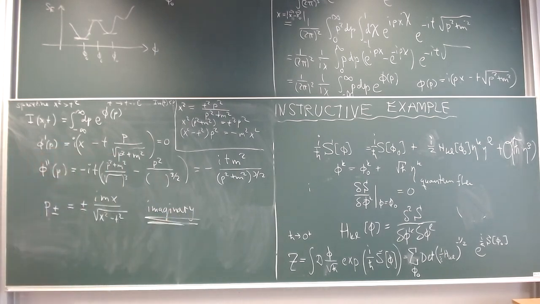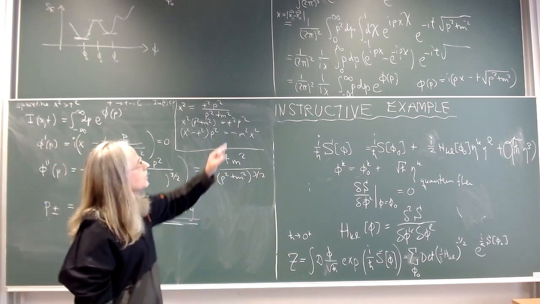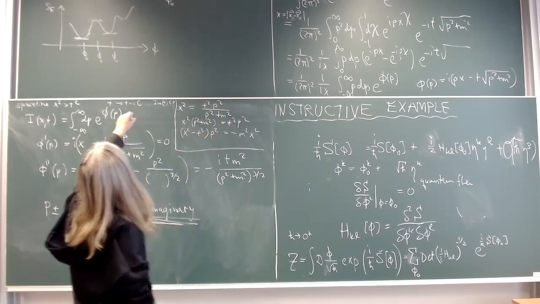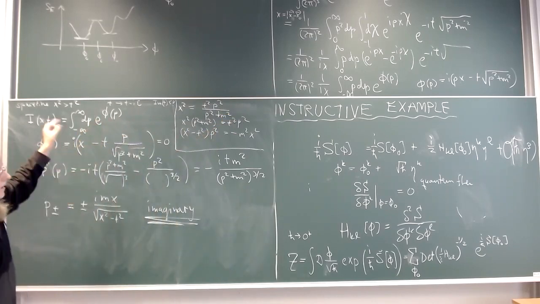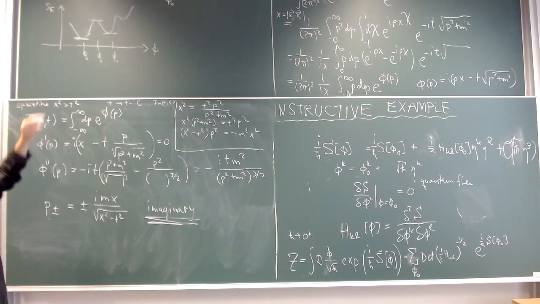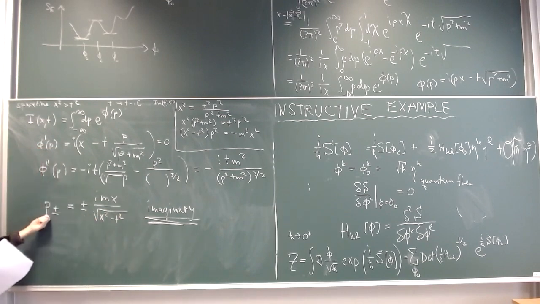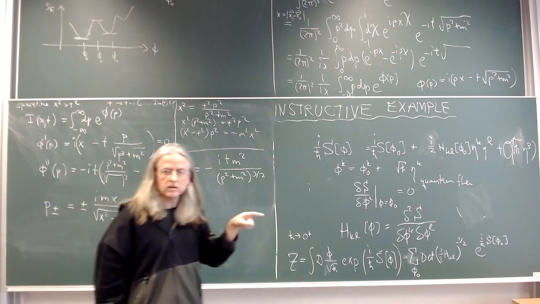And up to now, I don't know about you, but maybe you were thinking that these stationary points, when we were doing the WKB approximation in the path integral, were real configurations and so on. And now we see that actually the stationary point is way out in the complex plane. We will be doing the integral along the real axis.